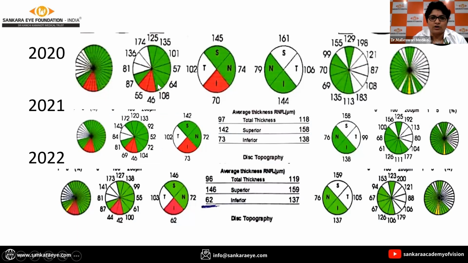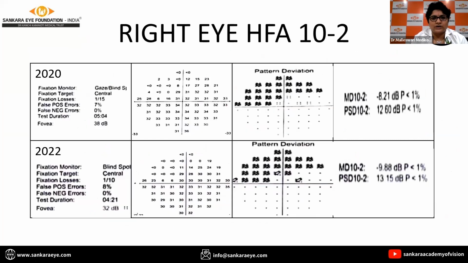In spite of all this, his OCT progressed in 2022. The inferior RNFL thickness went from 73 microns to 62 microns in the right eye. On the 10-2 visual field, the 2022 field showed an increased mean deviation, so this is also showing progression. In spite of very good control of intraocular pressure, this patient progressed.